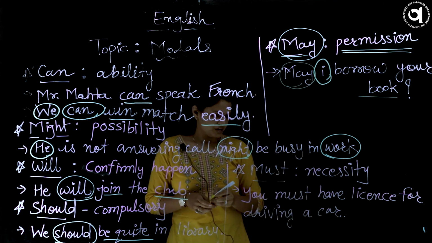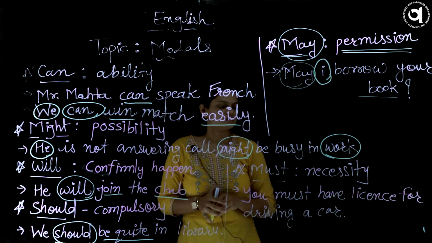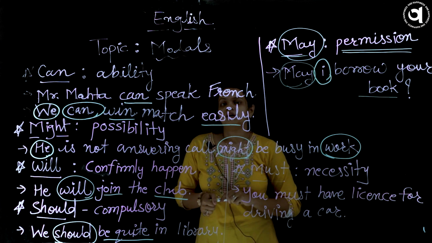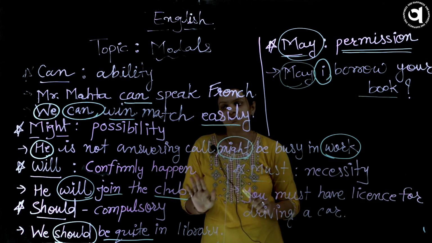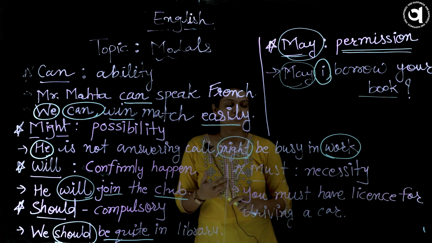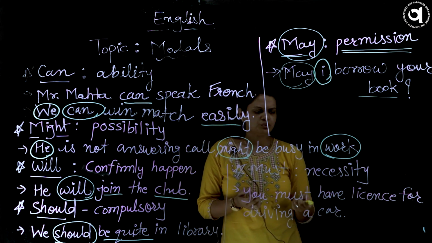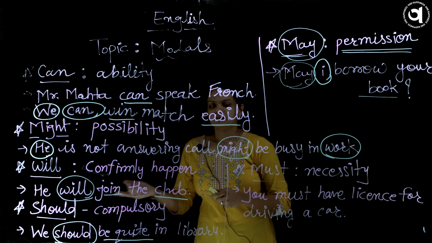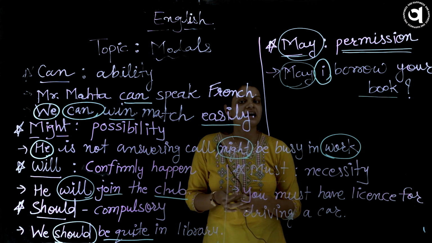The next word is must. Must is the word in which the subject doesn't have any choice. If I say that I will do this thing, otherwise I will do that next day, then I have a choice.